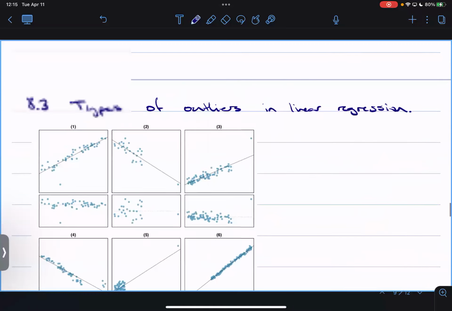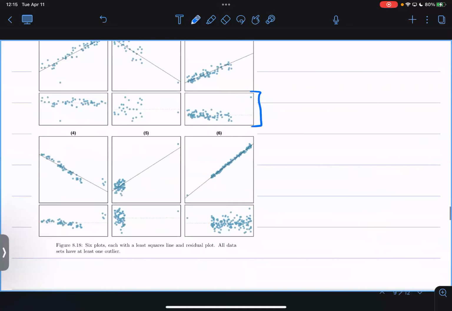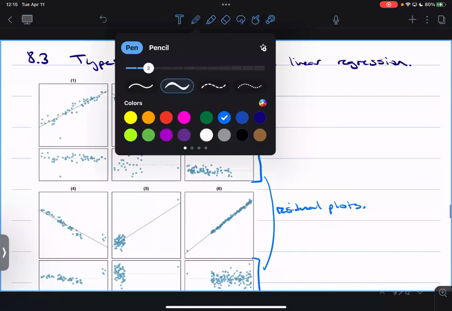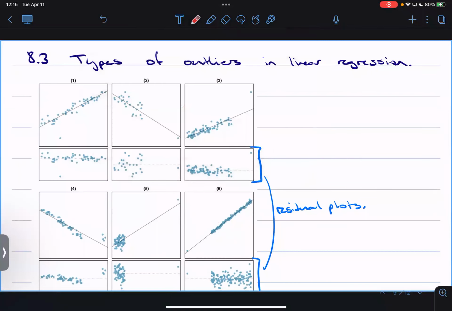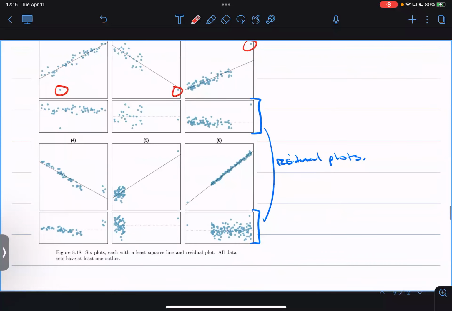These are the residual plots, and we have the original plots up top. So I'm going to go ahead and circle these outliers here because they are all different types of outliers.